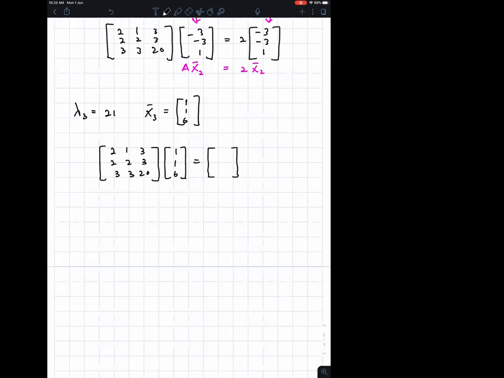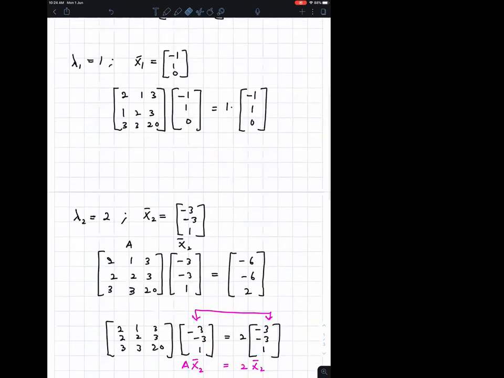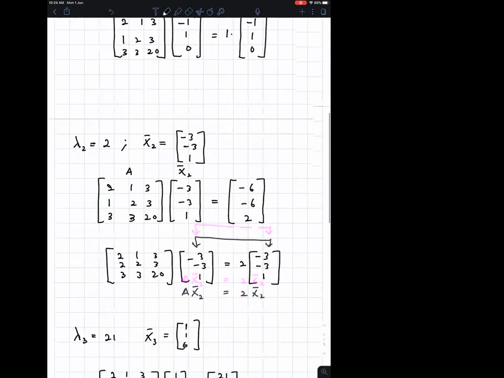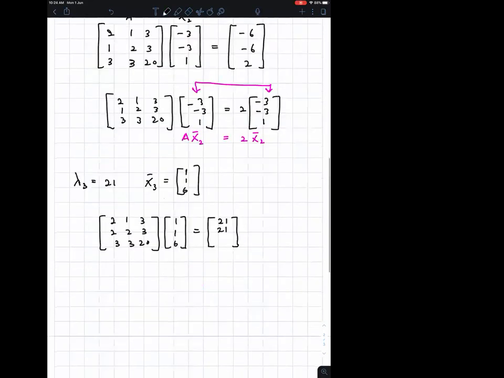Please calculate, all of you. It's a typo error here. Okay, with this typo error fixed, it should be 21, correct? Yes, sir.